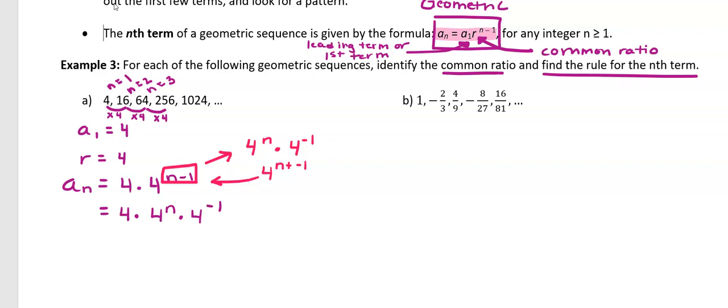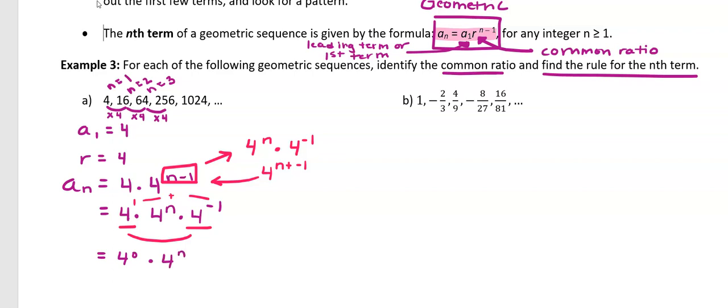Now, when you have multiplication of like bases, in this case 4 to the first power and 4 to the negative first power, we know that we add their exponents. So we're actually going to add those exponents together, and that will result in 4 to the 0th power times 4 to the n.